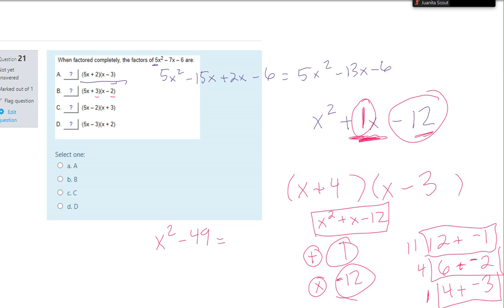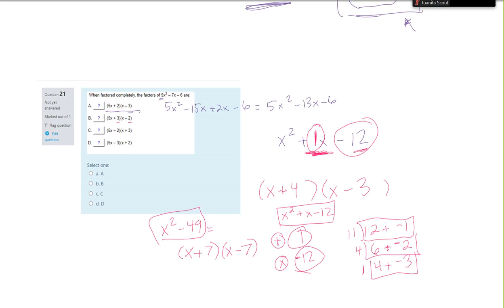Anytime you have 2 things that are perfect squares and they're subtracted, the things that make that up are always going to be, well, we take the square root of this and the square root of this, so x plus 7 times x minus 7 will give us this answer. And that was another one that we learned that we needed to memorize. And those are really the only 2 that come up commonly, but we'll cover that in more detail when we get into that stuff in the chapters.